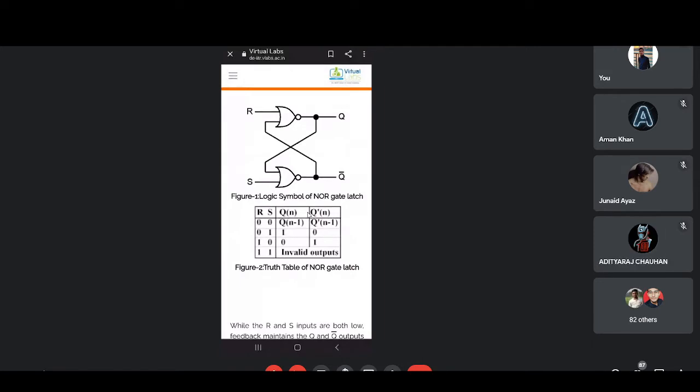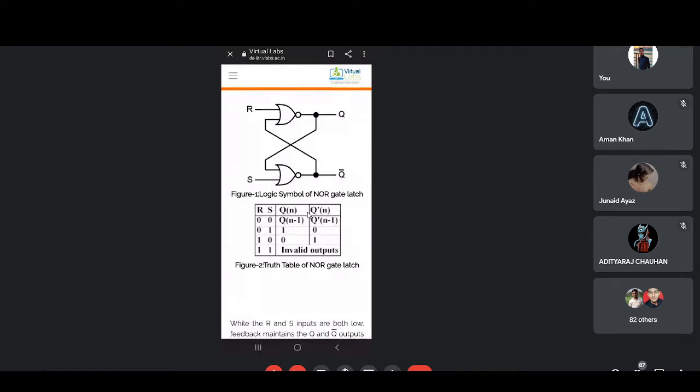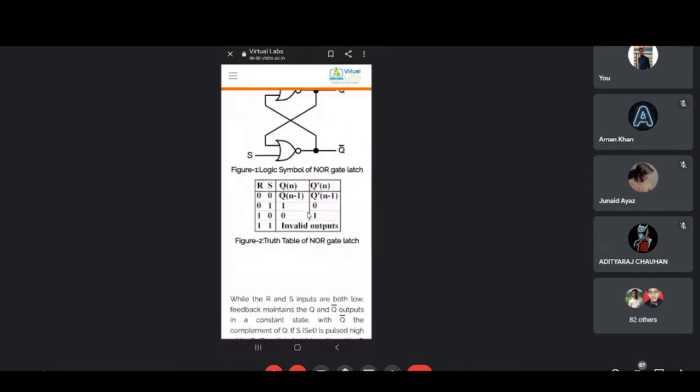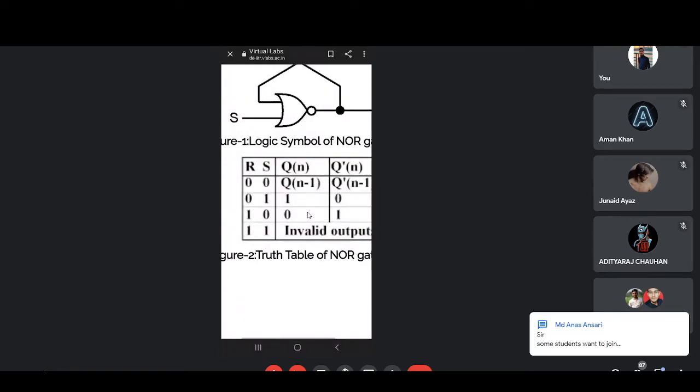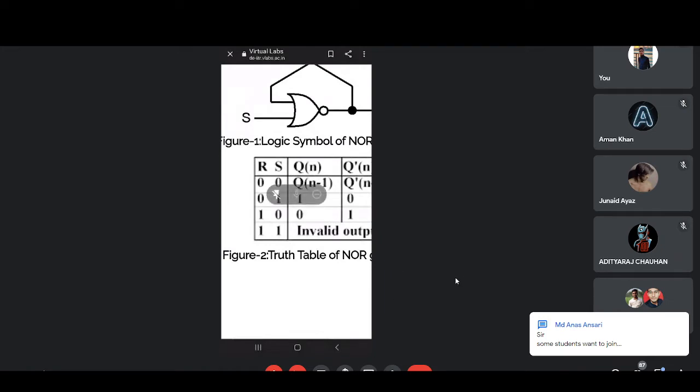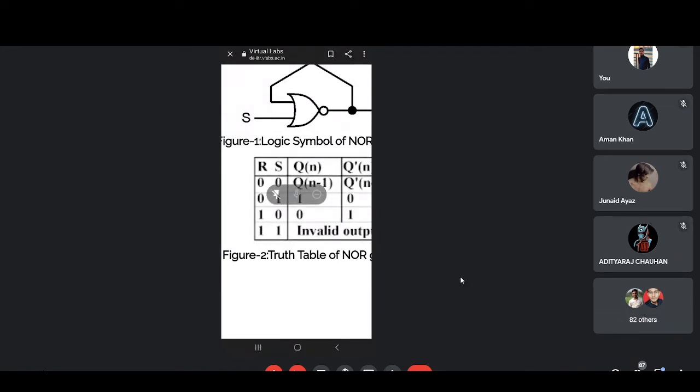Since it has two inputs, what are the combinations of the input in digital? It can be 00, 01, 10, and 11. Is it clear?